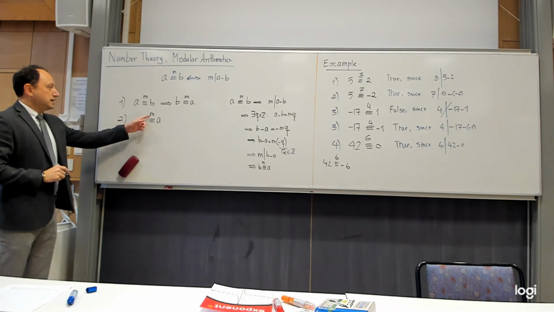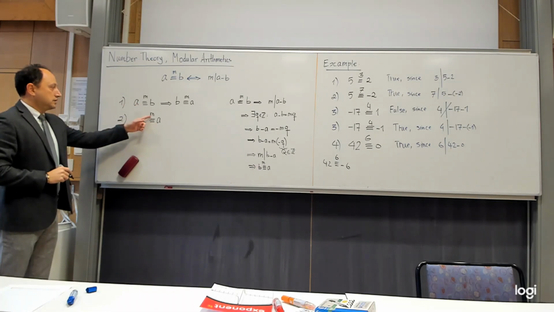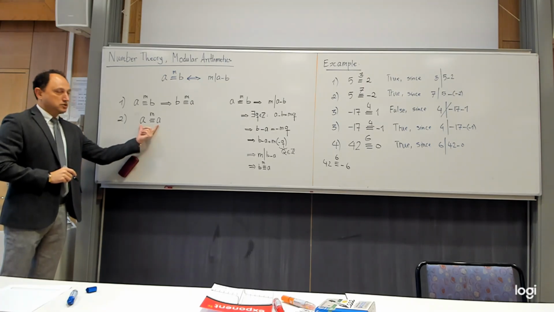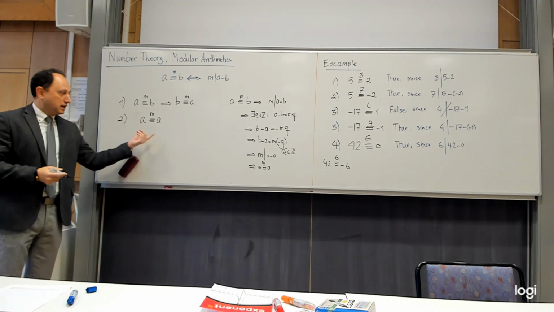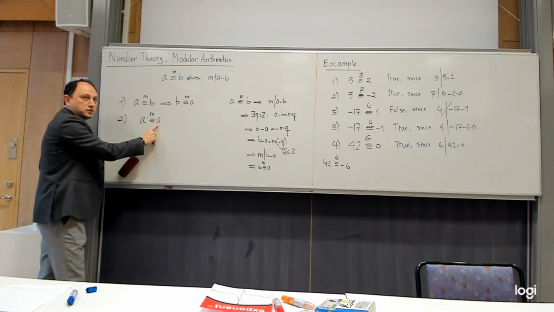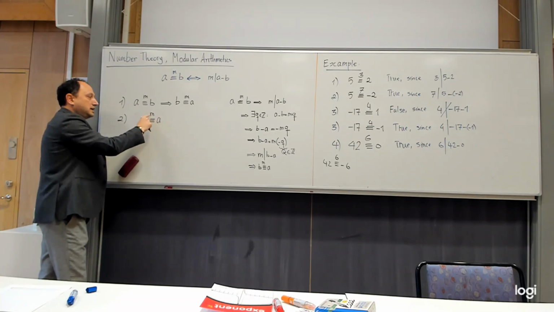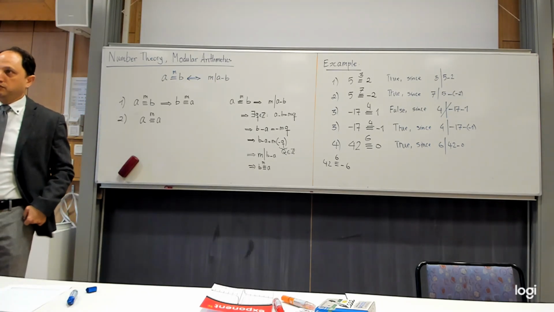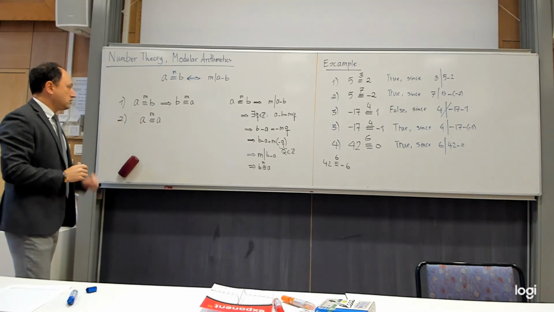If I tell you that m is a natural number greater than 1 and a is an integer, are you convinced that this is always true? The answer to this is yes. Why? Because if you want to see if this is true or false, you need to write a minus a and then ask yourself, is a minus a divisible by m? The answer is yes, because a minus a is 0 and 0 is divisible by m. So you see that this is also true.